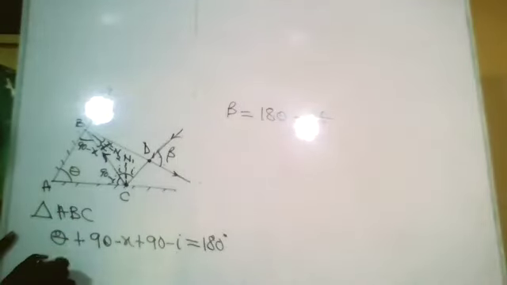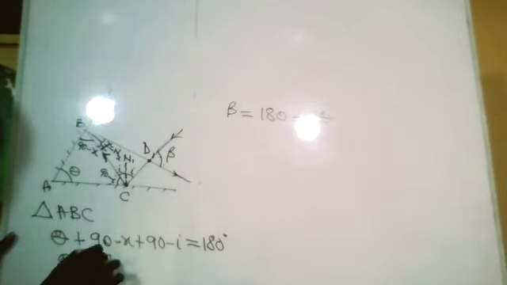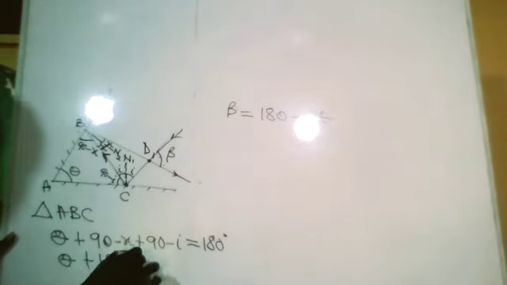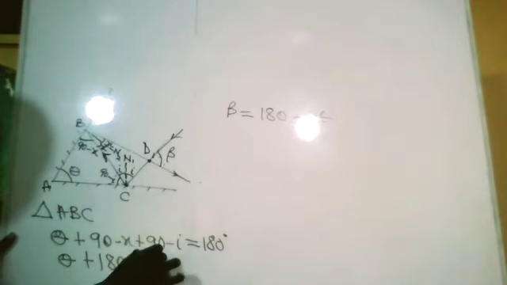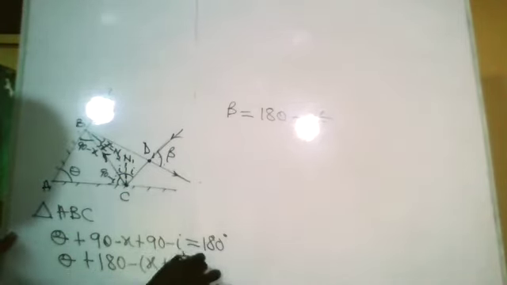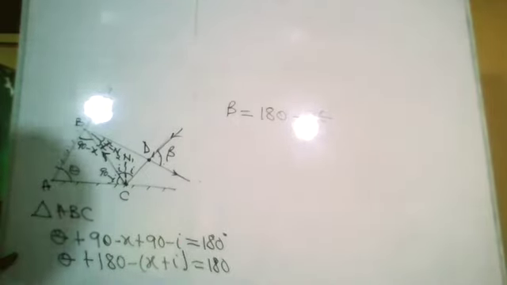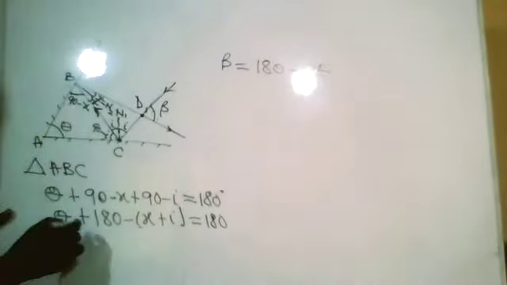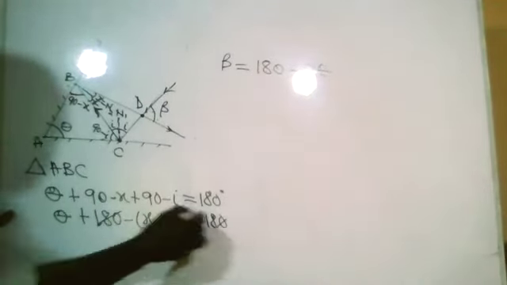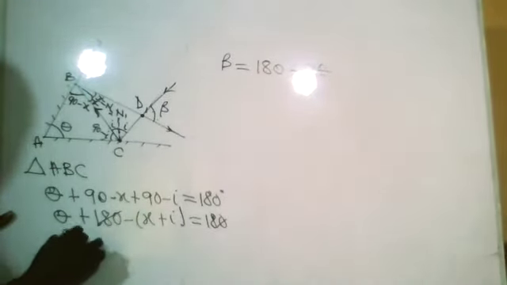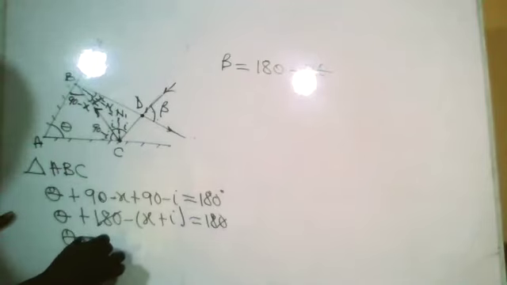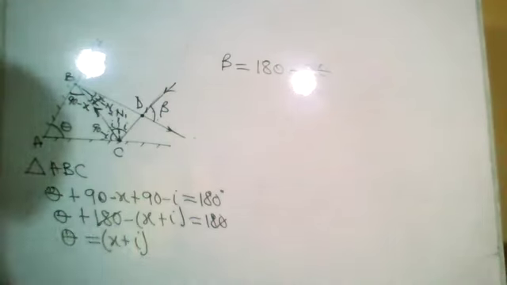So when we sum this up, we have theta plus 180 minus X plus I equal to 180. We realize that this and this will cancel, and theta will be equal to X plus I. Understood?